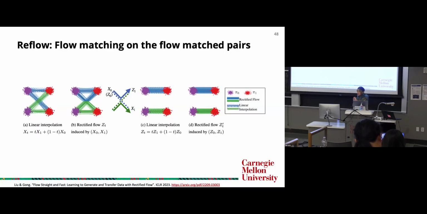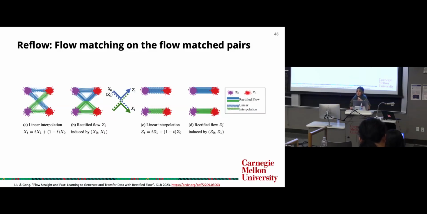Linear interpolation is just coupling: you choose a sample here, a sample there, and connect them with a straight line. We mostly connect this side to that side and that side to this side. The coupling tells you that you will not go to the other side anymore, because otherwise it would cross, and your stream will never cross.